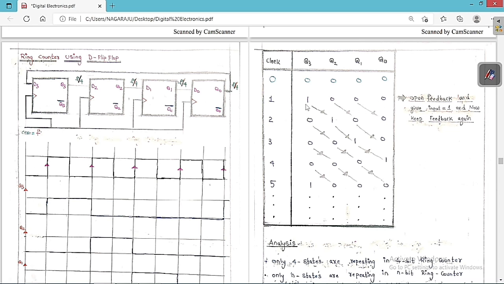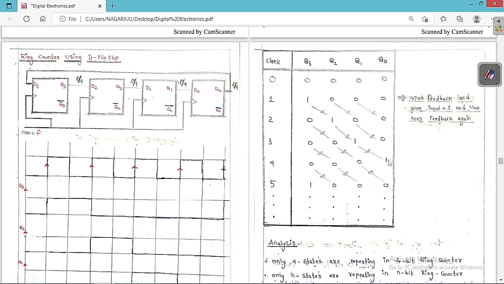Again, for the next clock, this 0 comes here, this 1 comes here, this 0 comes here, this 0 comes here. For the next clock, this 0 comes here, this 0 comes here, this 1 comes here, this 0 comes here.